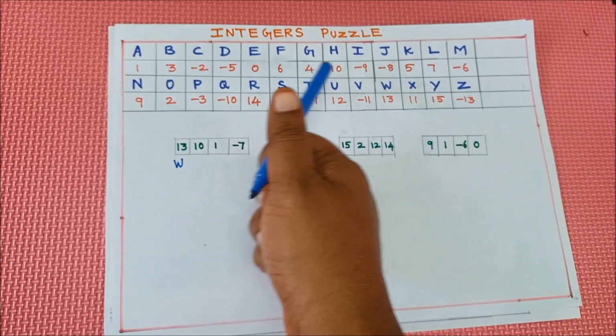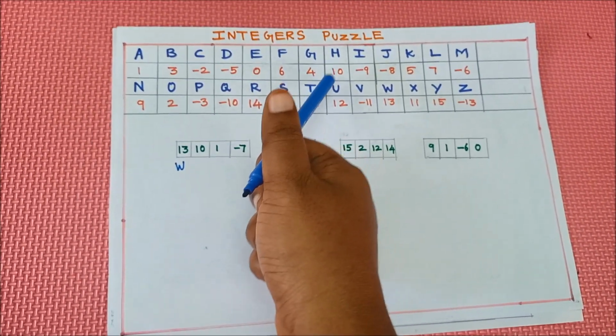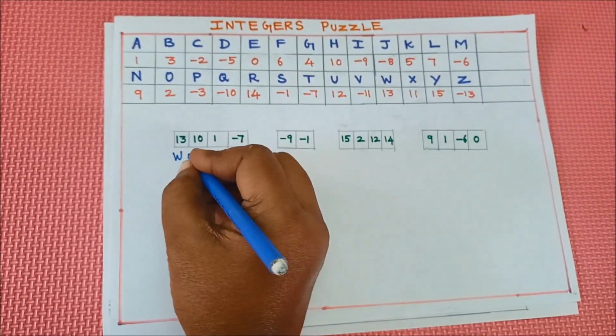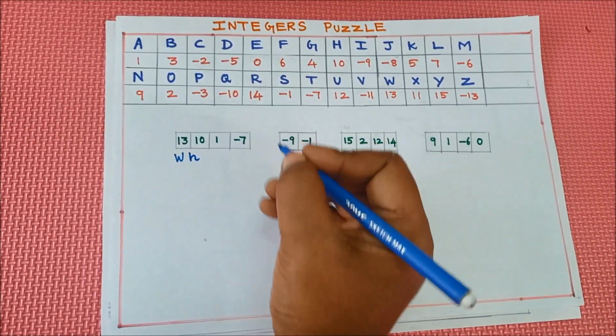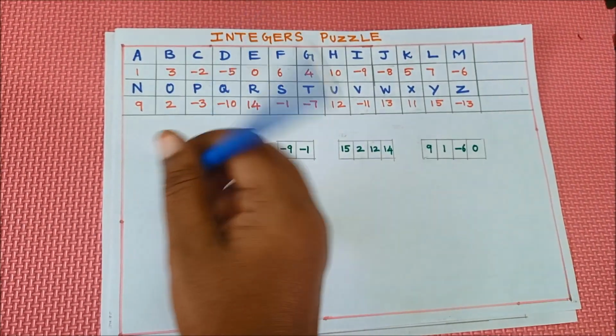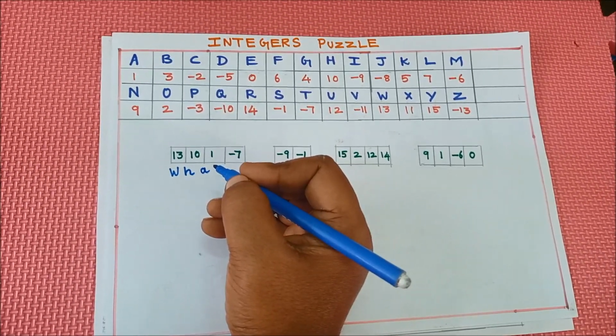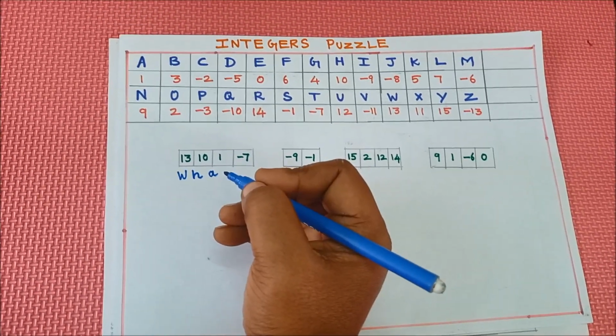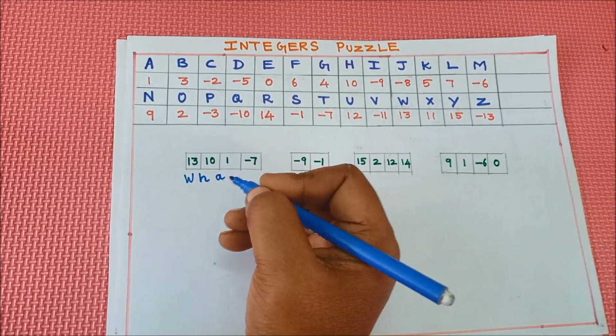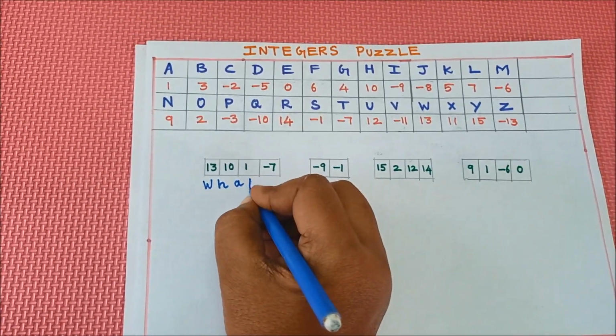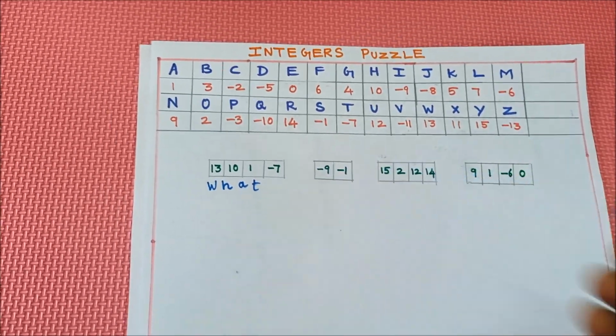H represents 10. So, H. And 1. 1 represents A. So, A. And -7. -7 represents which letter here? T. So, we got WHAT. See the next term.